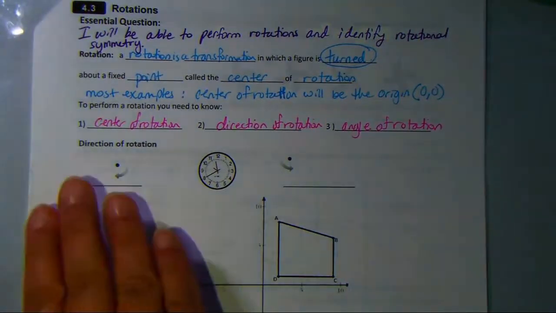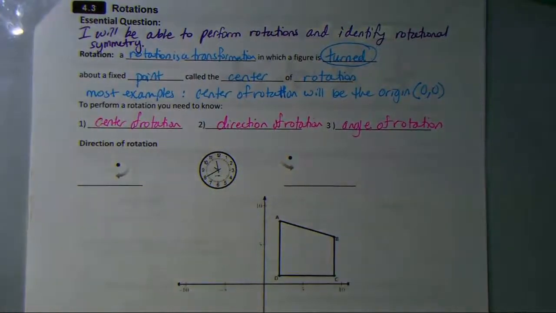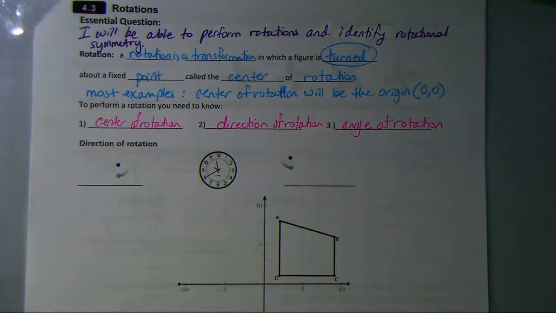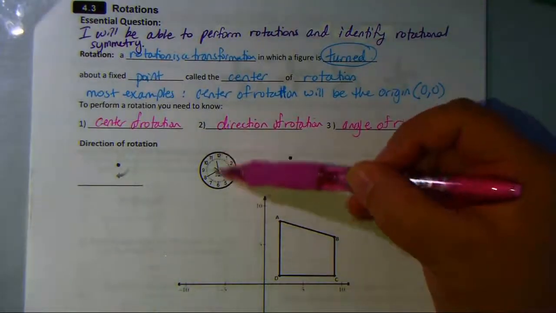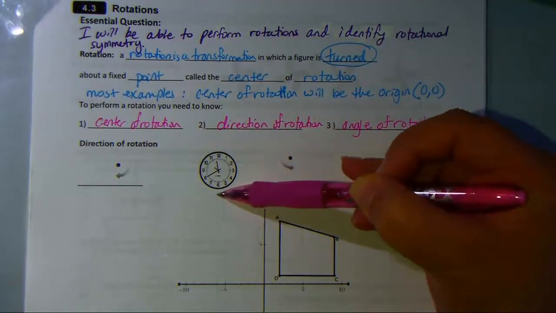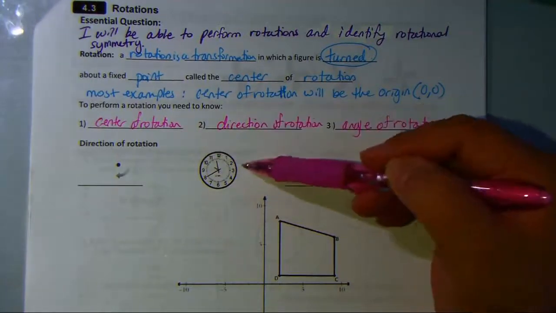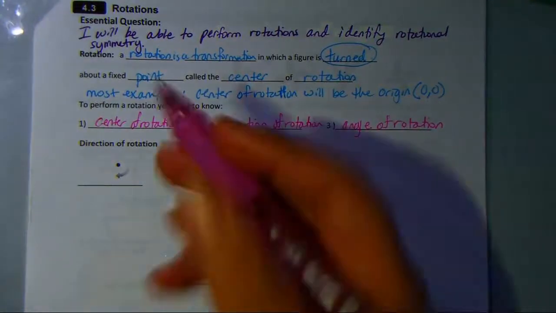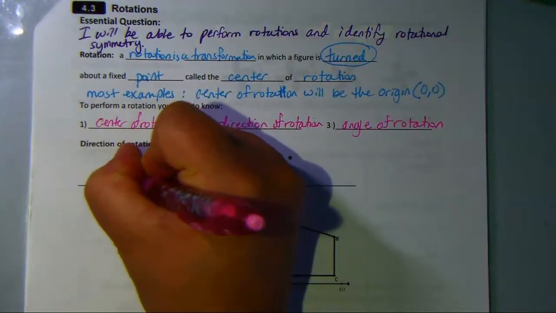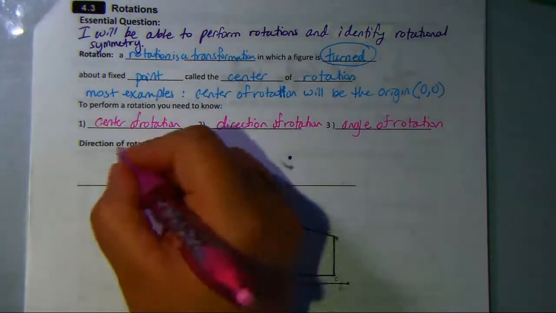Now there are two directions of rotation. You might already be familiar with them. You have clockwise and you have counterclockwise. When you look at a clock, a clock normally moves this way. So starting at 12 here, we're moving this way around the clock. That is considered clockwise. So when our figure is moving in a clockwise rotation, it looks something like that.